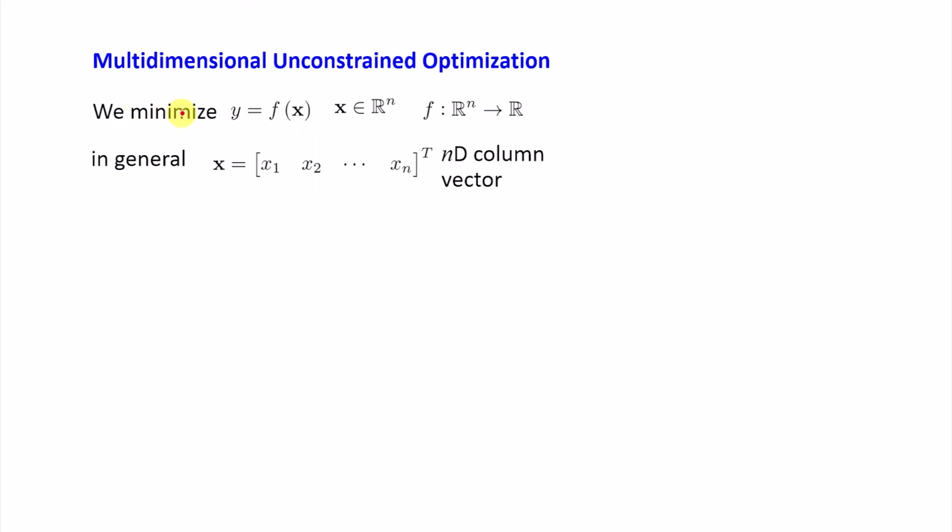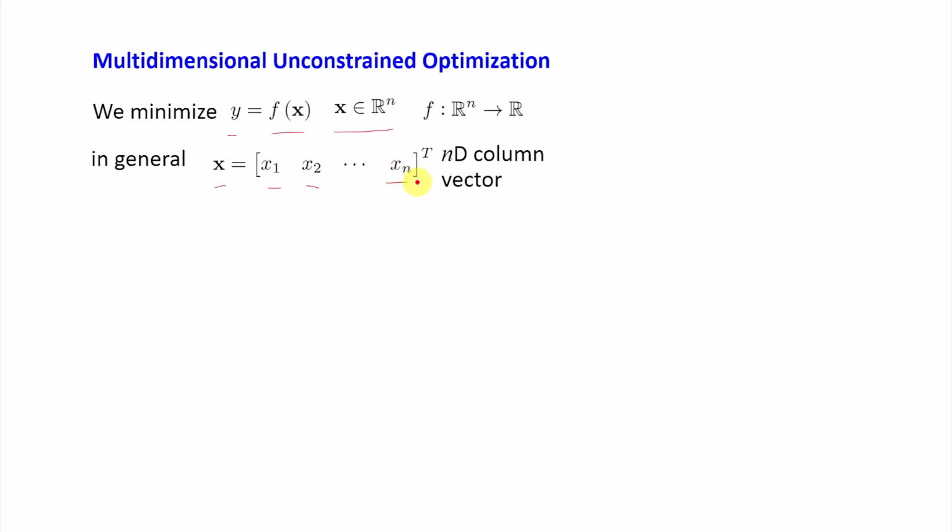In multidimensional unconstrained optimization problems, we are interested in minimizing y, which is a function of x, where this x is an object in Rn. That means this is a real space, n-dimensional, which basically means that x is an n-dimensional vector going from x1, x2 all the way up to xn.